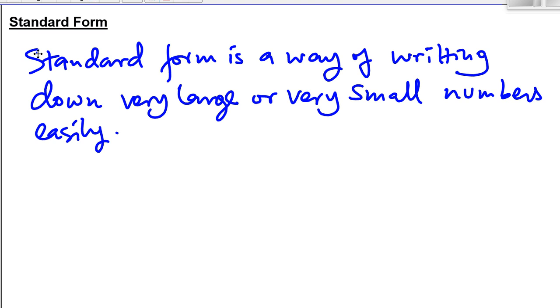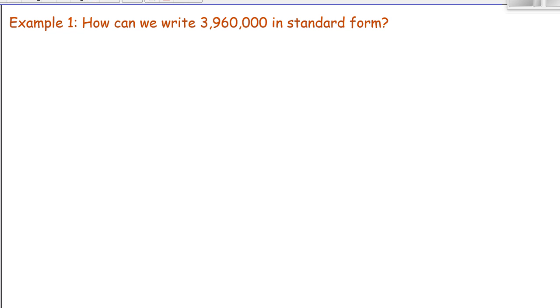So I'll explain this by looking at a few examples. Here's the first example. How can you write 3,960,000 in standard form? So the first thing I'm going to do is to copy this number down.